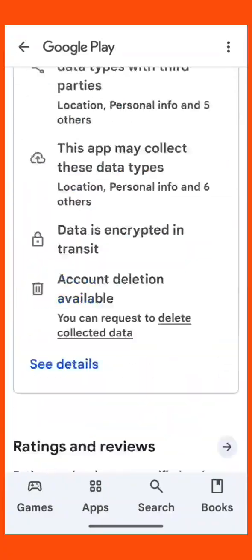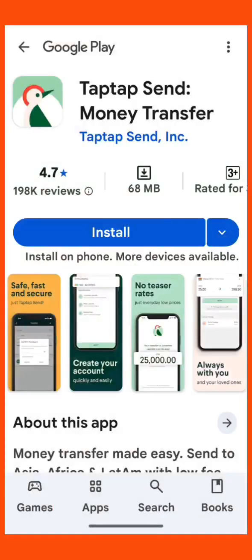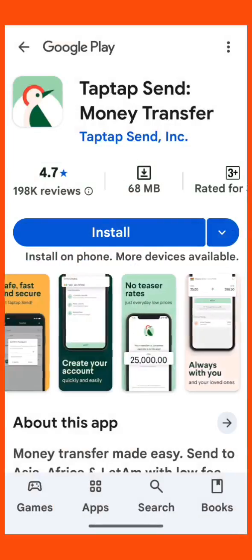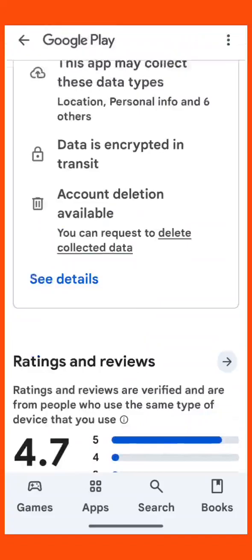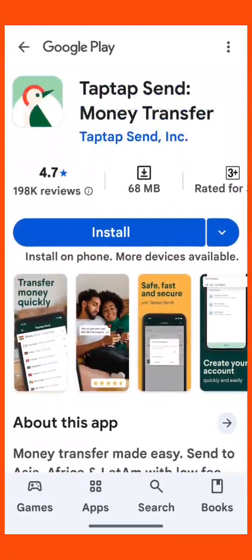Okay, so let's bring it back to you, our listener. What's the takeaway here? We've seen how Taptap Send is aiming to make international money transfers fast, affordable, easy, and secure, all driven by this clear mission, it seems, to support diaspora communities globally. It's a pretty powerful example of fintech tackling old problems. And maybe connecting that to the bigger picture. Just think about the ripple effect, the collective impact of platforms like Taptap Send.